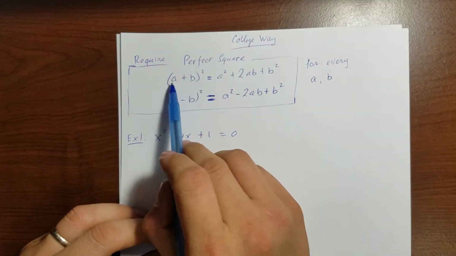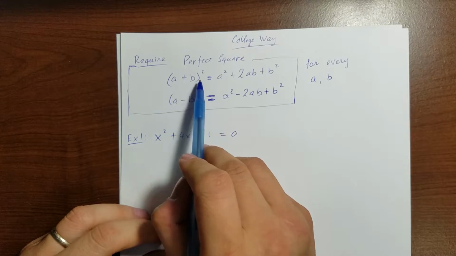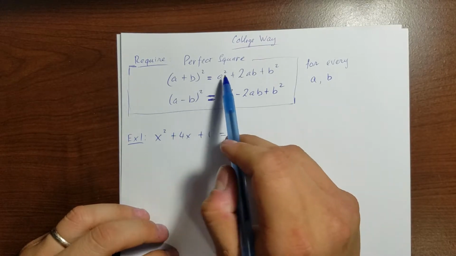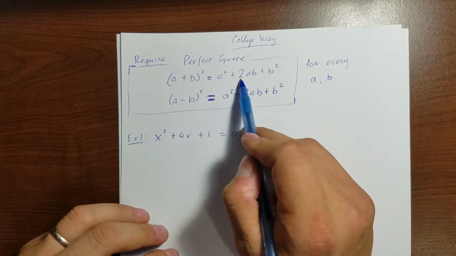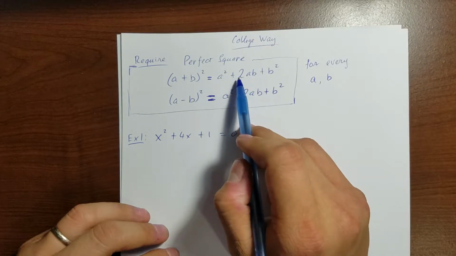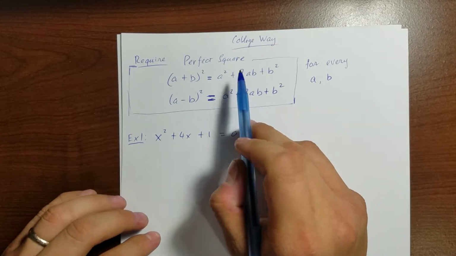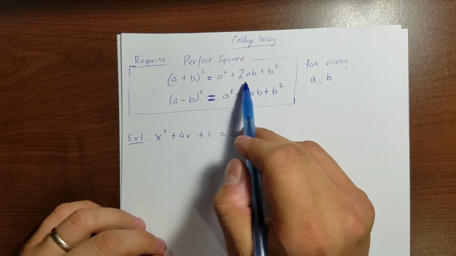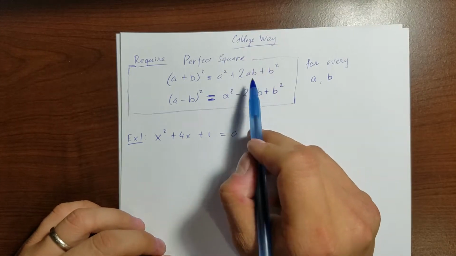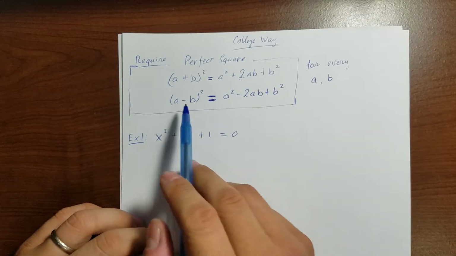Now for every A and B, A plus B, all of that squared, will equal A squared plus 2, and I emphasize the 2 between them because you need to make sure there's a 2 between them before you work on this, times AB plus B squared.